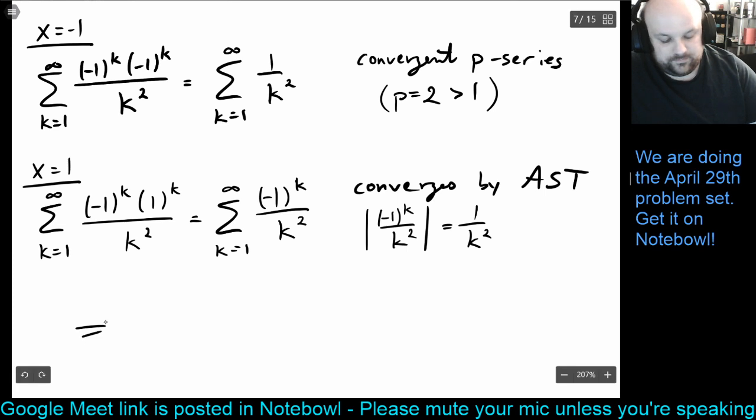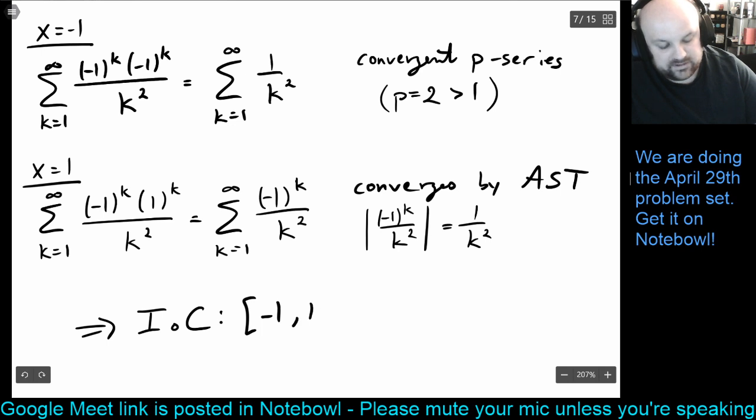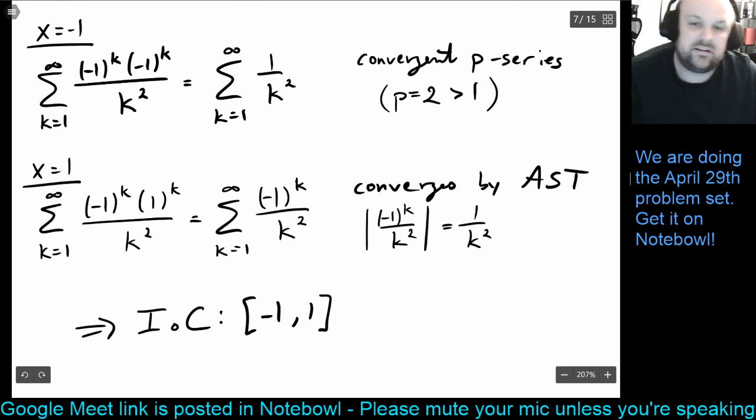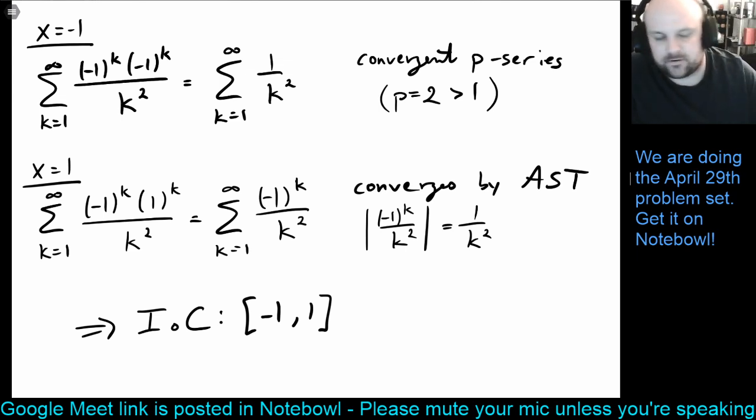So at the end of the day, this tells us that our interval of convergence converges at both endpoints here, so -1 to 1. It is possible that you could have something that converges at one endpoint but not at the other.